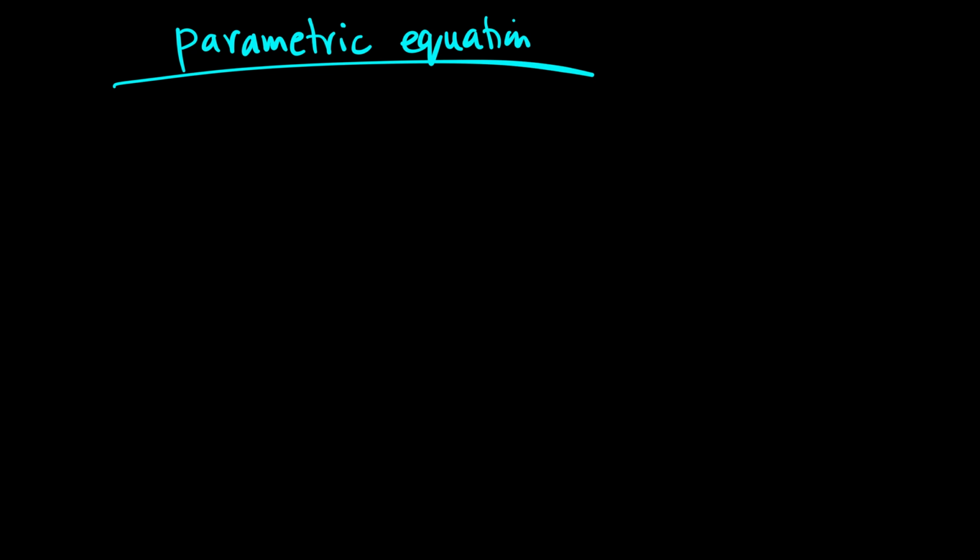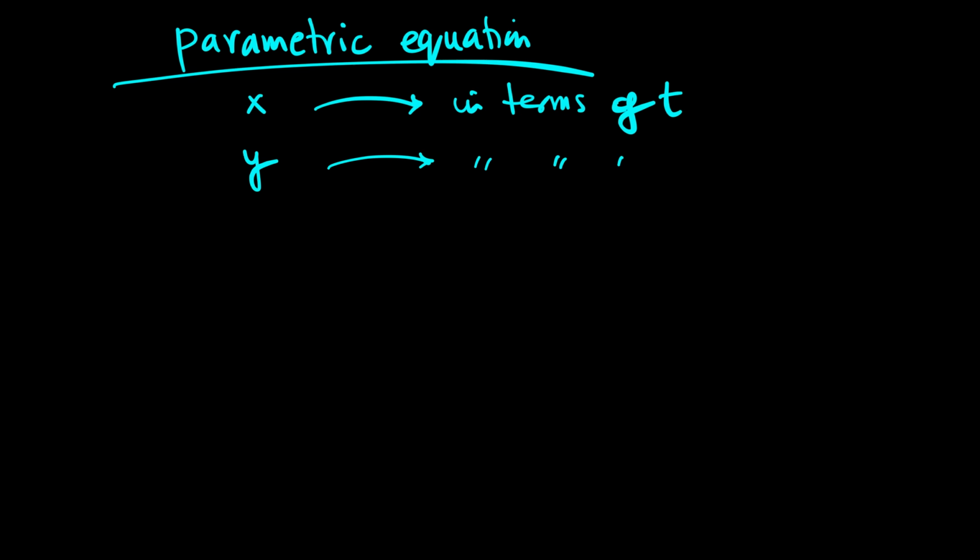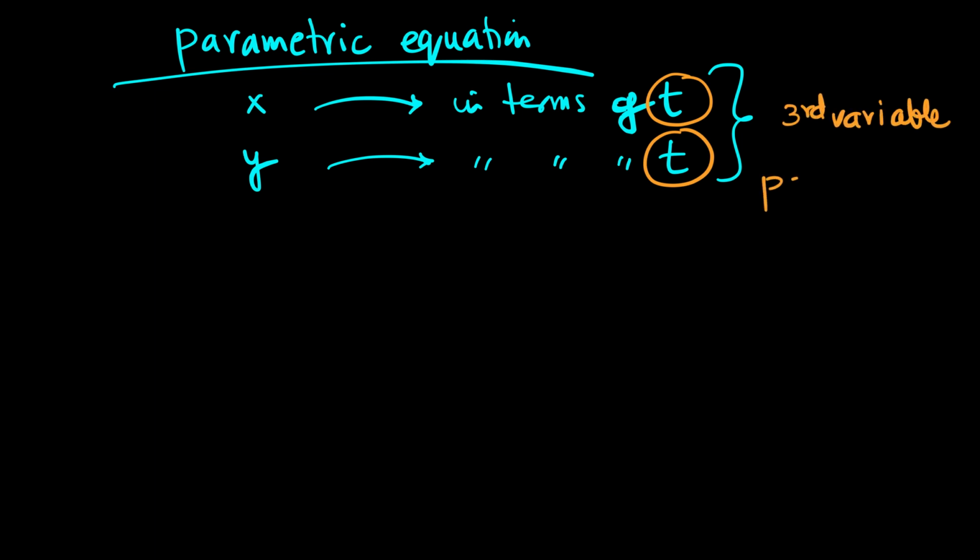A parametric equation is one in which x is expressed in terms of another variable t, and similarly y is expressed in terms of another variable t. This variable t, the third variable, is called a parameter.